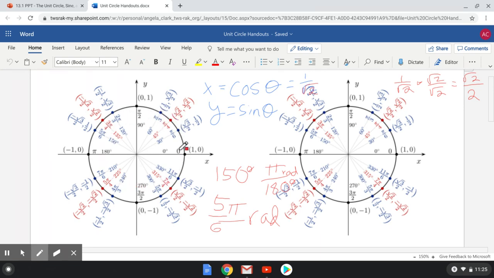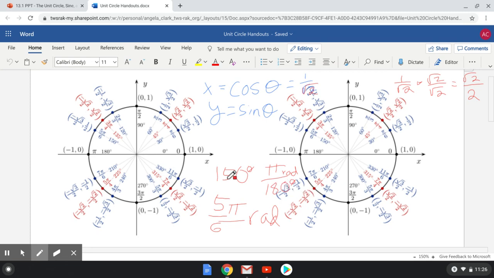And I will talk a little bit more at the end when I'm talking about patterns. We'll talk about why radians are actually easier to use when you're trying to keep this circle in your head so that you can access it easily. And we'll talk about some other patterns throughout the unit circle. I don't expect you to know all of this all at once, but getting it in your head will be really useful.